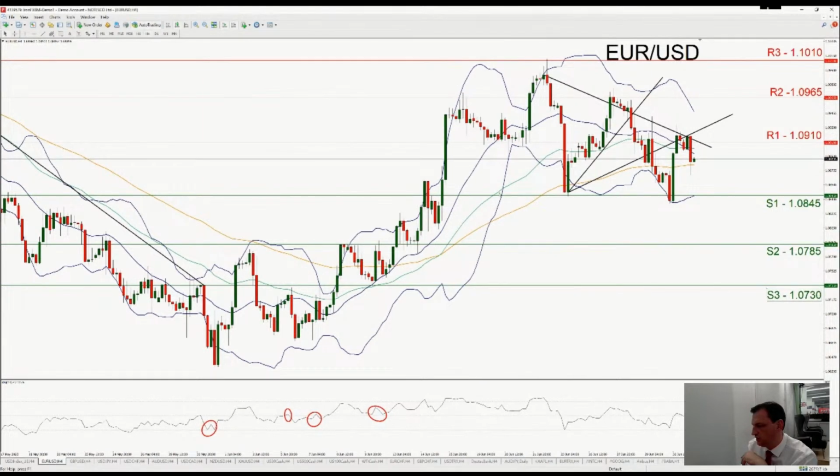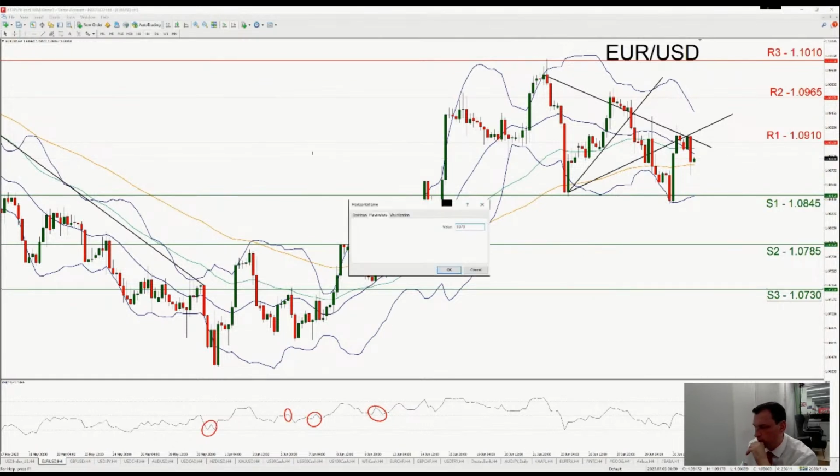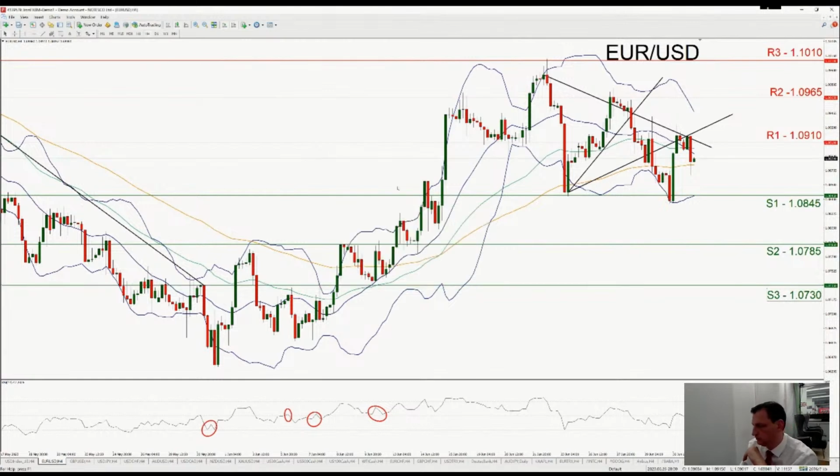Okay, let's lower it a little bit further. Let's clean up the chart.